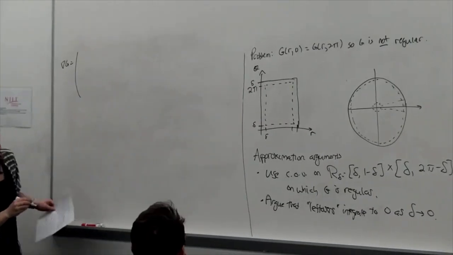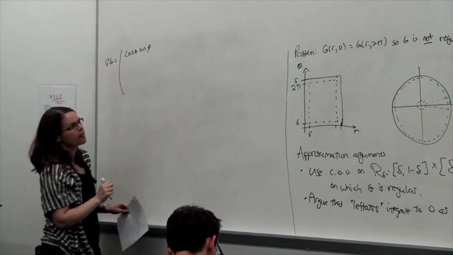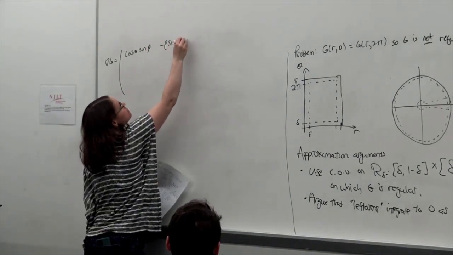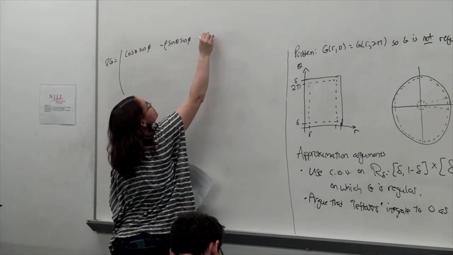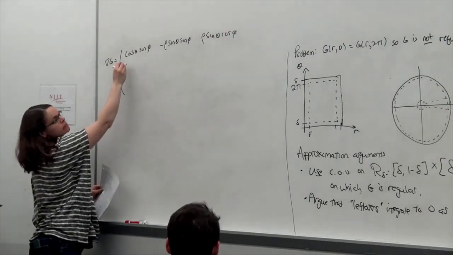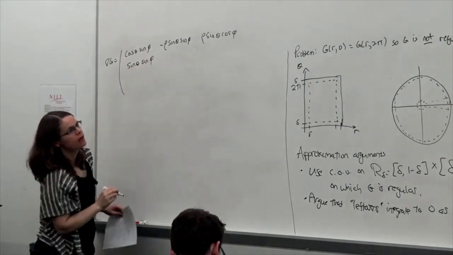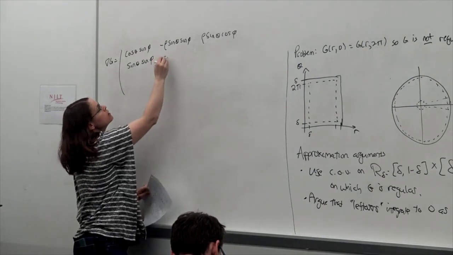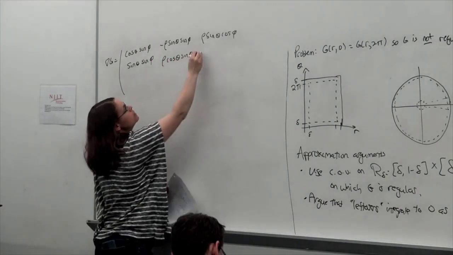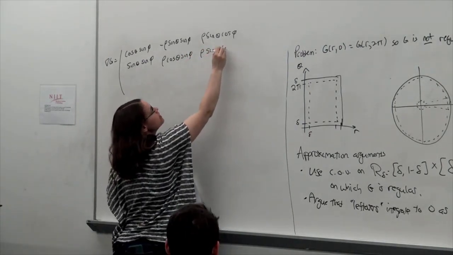So we do the Jacobian of all of that: cos theta sine phi, rho sine theta cos phi, rho cos theta sine phi, and rho sine theta cosine phi.